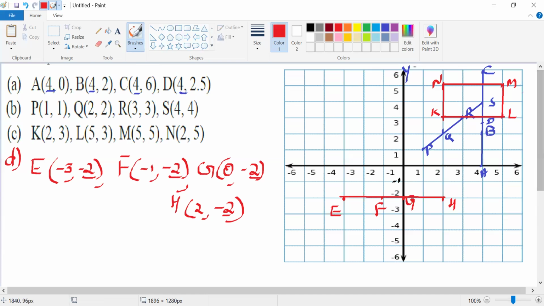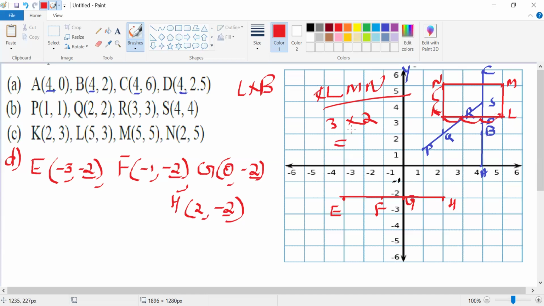Not only that. So here, this is a rectangle now. KLMN is a rectangle we got. Suppose you are asked to find the area. We know that area equals length into breadth. So what is the length here? 1, 2, 3 units. What is the breadth here? 2 units.